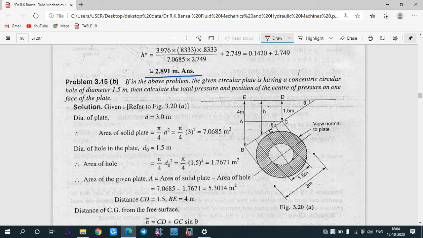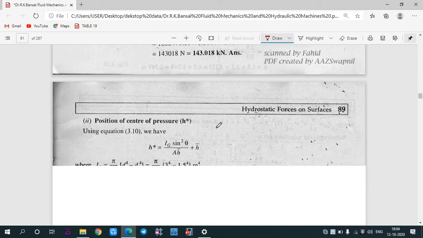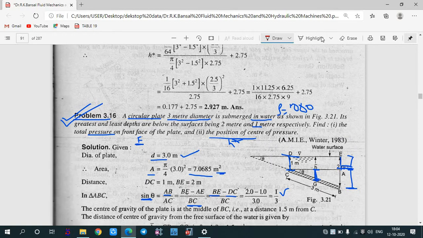So what is the change in the pressure and the center of pressure in case a circle is cut from a bigger circle? After that we'll do the next numerical on inclined plane surface.